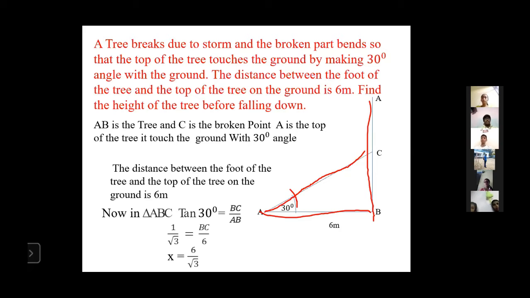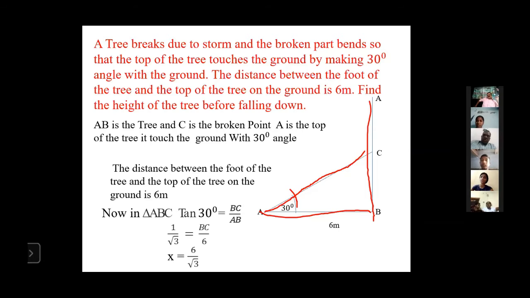Now we have found the non-broken part of the tree. Now let's find the broken part of the tree, that is side AC. To find this broken part, we have two methods: the trigonometric method and the Pythagoras theorem. I will tell you both. First we go to the trigonometric method.